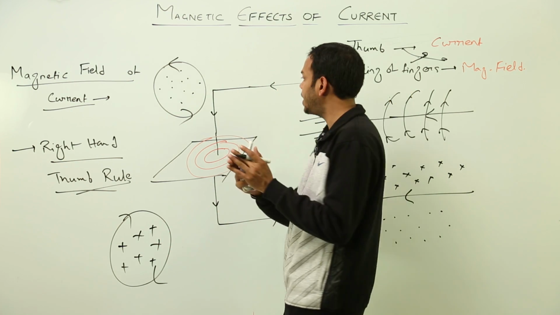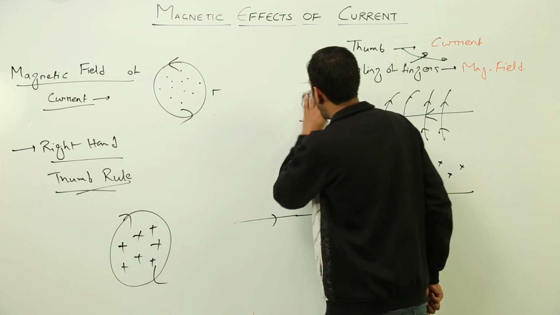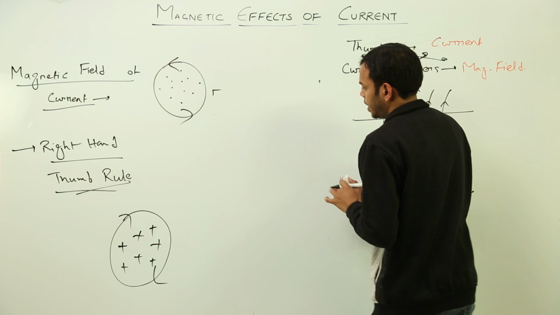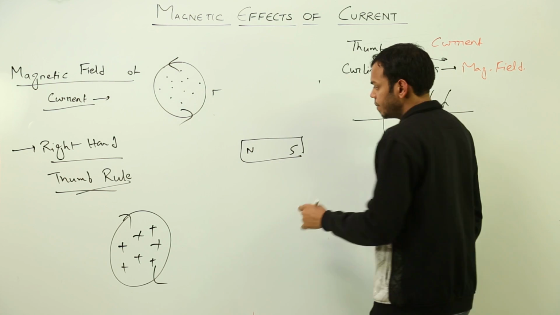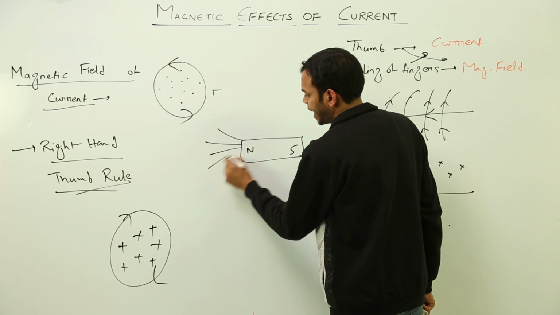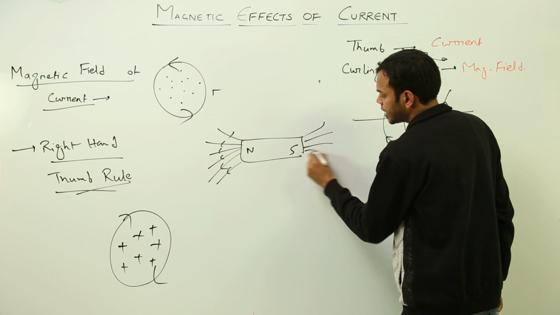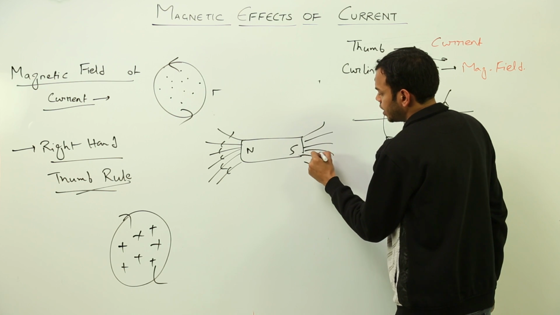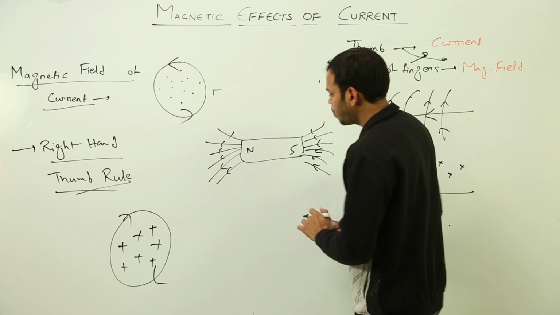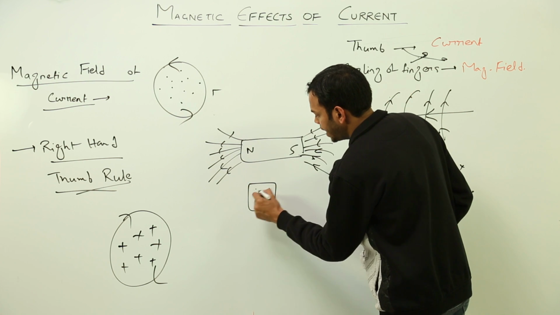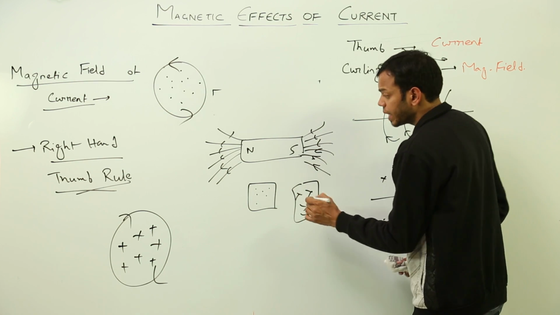Now the same thing happens in the case of a bar magnet. Suppose I place a bar magnet here. This is my bar magnet, North Pole and South Pole. Magnetic lines of force are emerging out of the North Pole and they are entering the South Pole, right? This is how it is going. So if you just see the front side of the North Pole, the lines are coming out, and at the back side of the South Pole, it will be something like this.